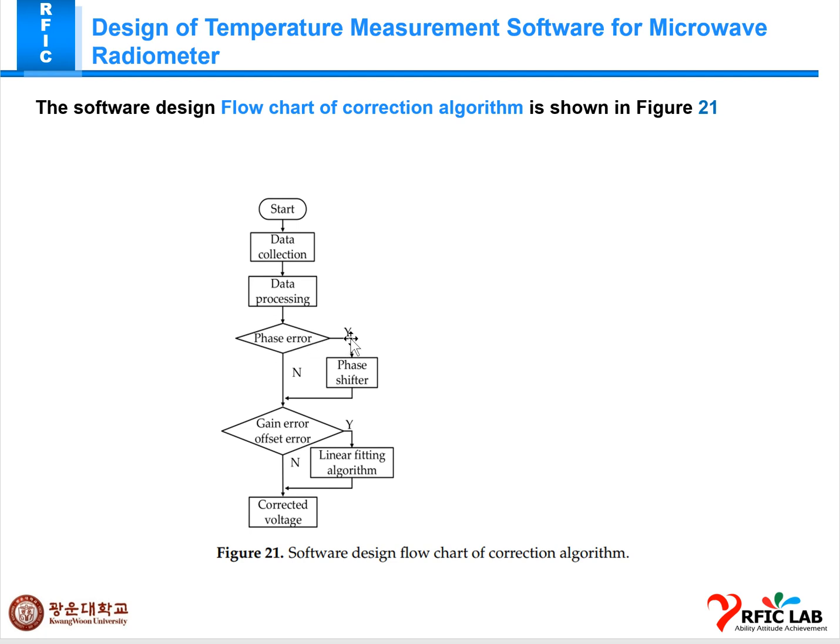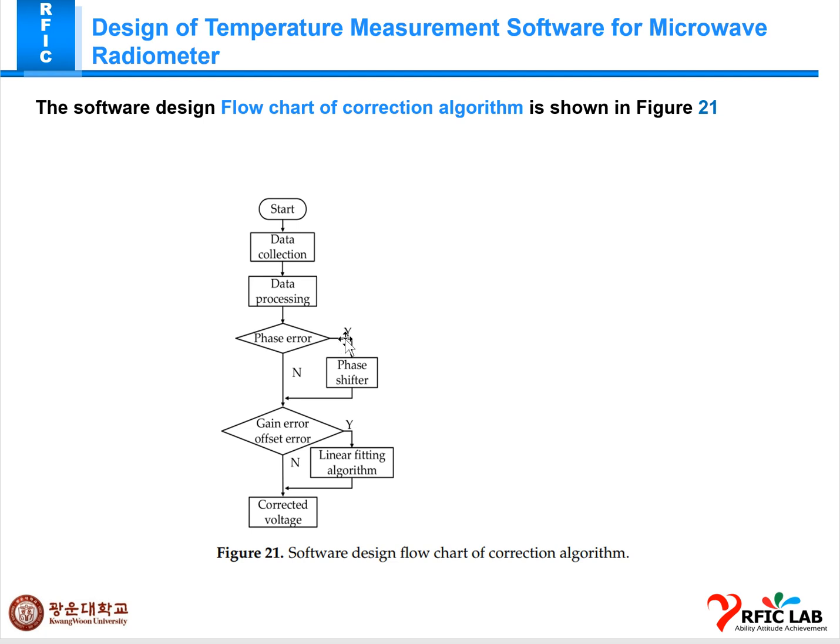If you get a phase error, then you go to the phase shifter. The phase error has a Boolean data type; it only gives a Boolean value, which has only two possibilities, true or false.